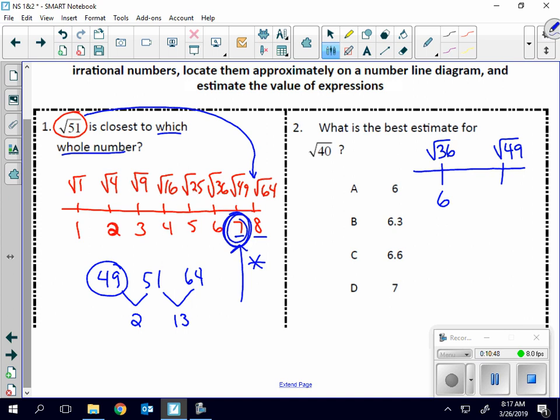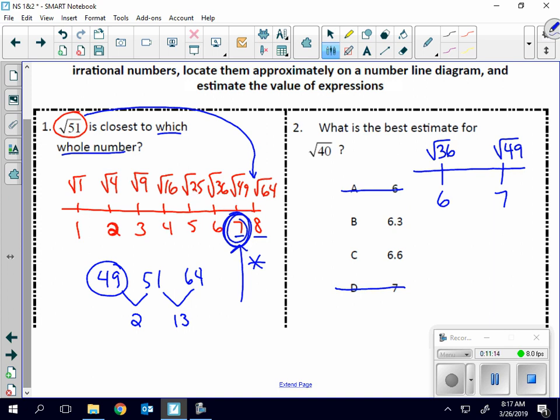The square root of 49 is 7. I know it's in between those two. So the only ones in between 6 and 7 would be B and C, because it's not exactly 6, we know that, and we know it's not exactly 7. So the question is, is it closer to 6 or closer to 7? That will help me determine if it's B or C.